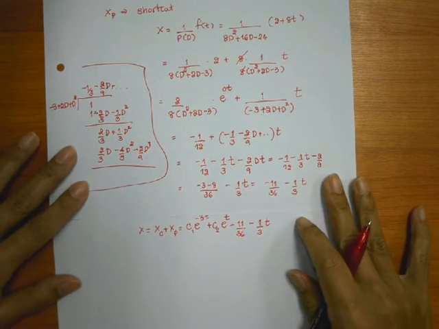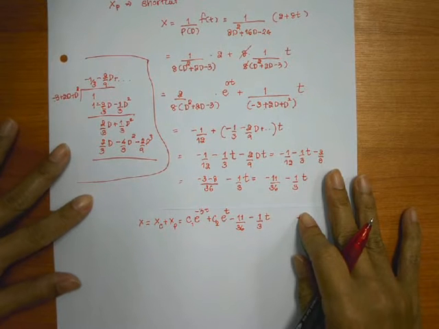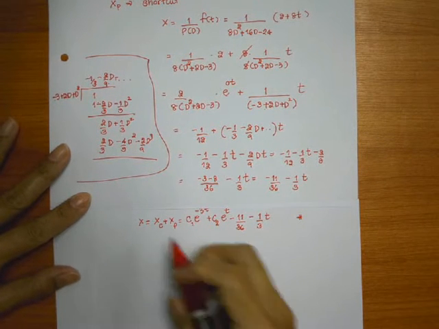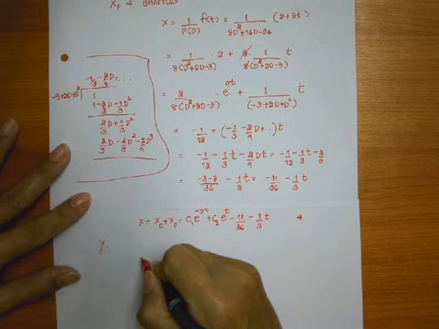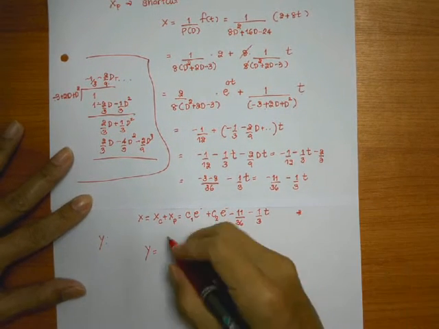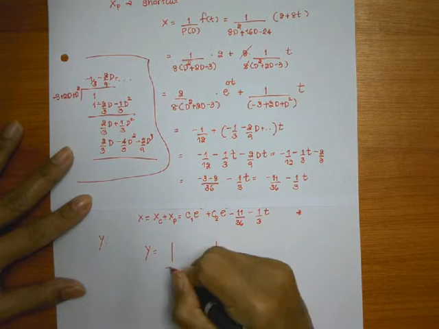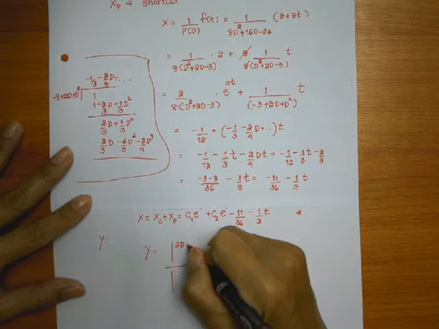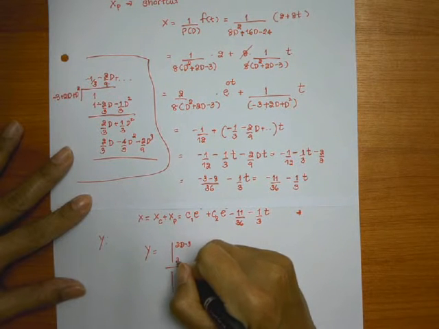Now we are going to find y. Right? You know x, then you got to find y. Again, with y, you got to use the Cramer rule to find y. You do the determinant, and then you just put the coefficient of x.